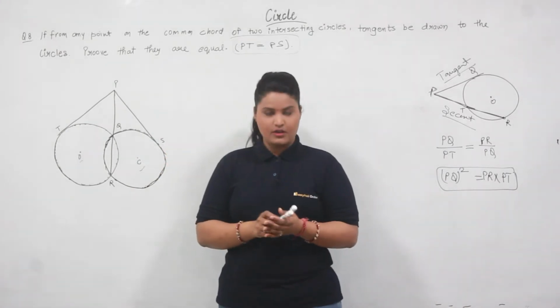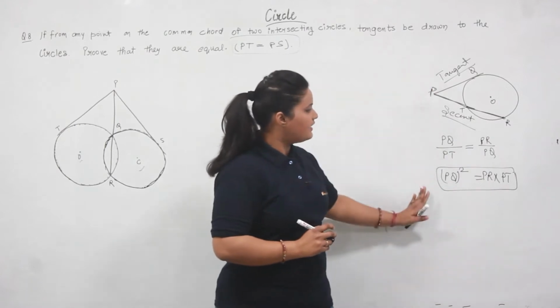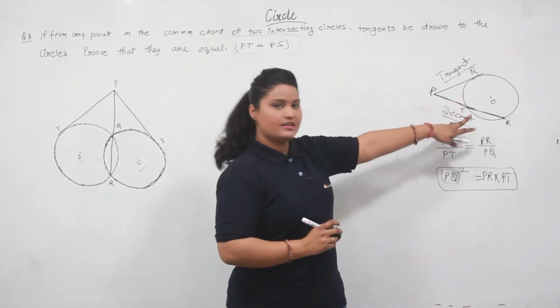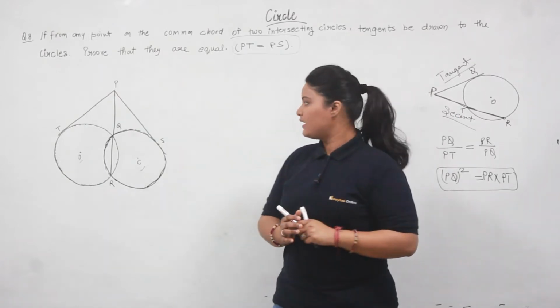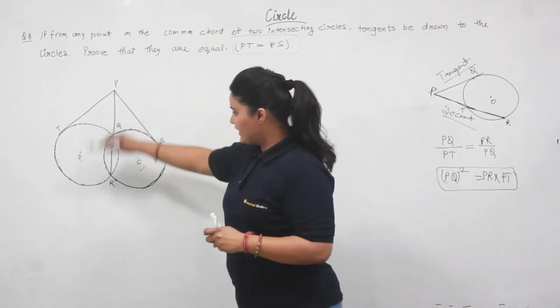We have to prove that both the tangents are equal to each other. We have just seen the relationship between the tangent and the secant. Now just look at the diagram.